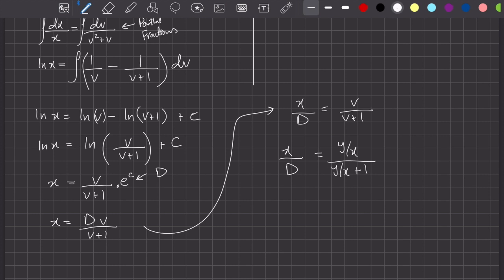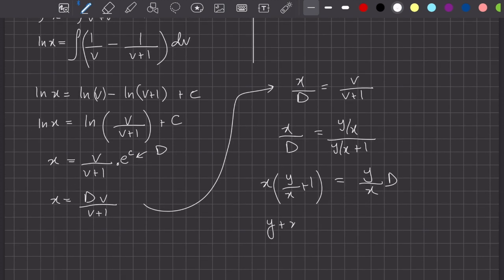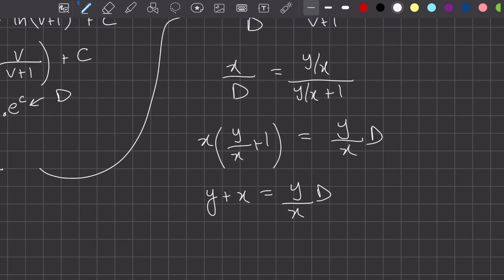And to get the result, we need to make y the subject. Some basic algebra will do the trick. Begin by cross-multiplying. Expand the brackets on the left side. Then multiply both sides by x.